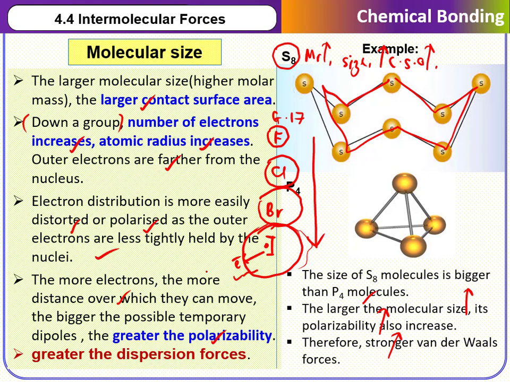Consequently, the London dispersion forces will become greater. Okay. Kat sini, as the molar mass is high, the size will be bigger as well. The same goes for the contact surface area, which will get larger, then easier to be polarized. Therefore, van der Waals forces become stronger.